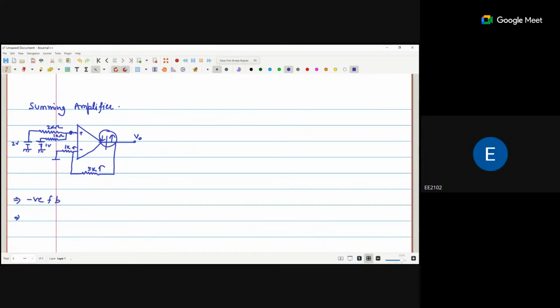The current going inside is 0, I is 0. So the voltage that will be here will be passed here also. If I say VA and VB, VA is equal to VB by virtual ground.